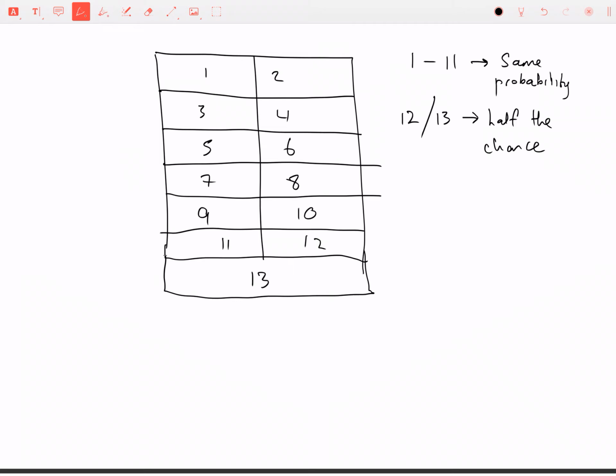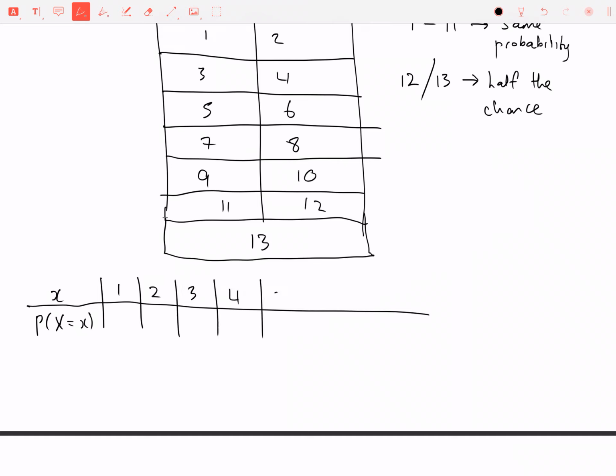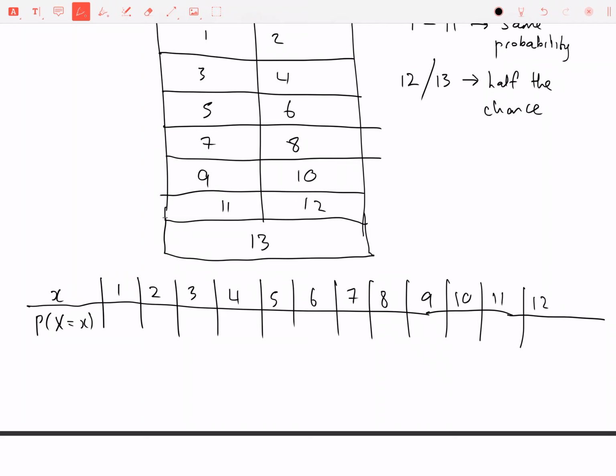So the first thing I would do is try to get a probability mass function table up, and I would do this as follows. I would put my x and my probability that X is equal to x. So I put my numbers there, 1, 2, 3, 4, 5, 6, 7, 8, 9, 10, 11, 12, and the double green bonus, which I'm calling 13.